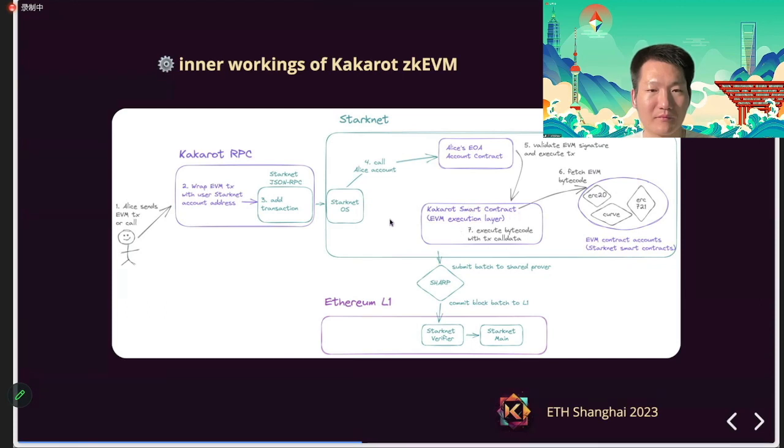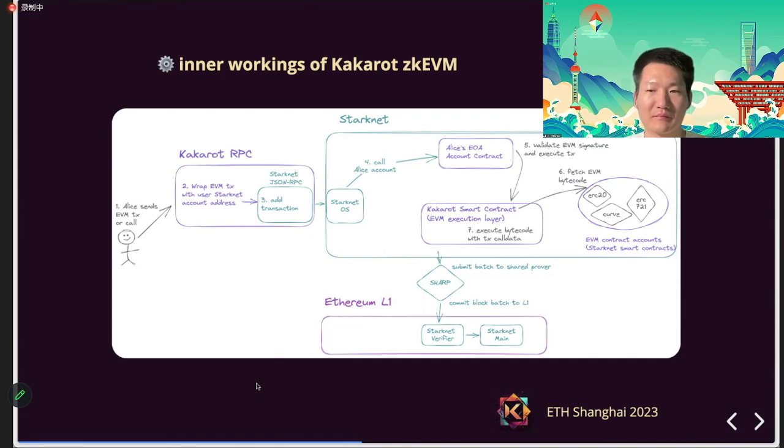This is fun: you're deploying EVM smart contracts on Starknet. They live completely as is, and whenever you want to call them, we just fetch the bytecode and run it. And what's really fun is that since we're inside Starknet, we leverage their infra and their prover. So all the transactions that happen on Kakarot are proven on Ethereum L1, out of the box.